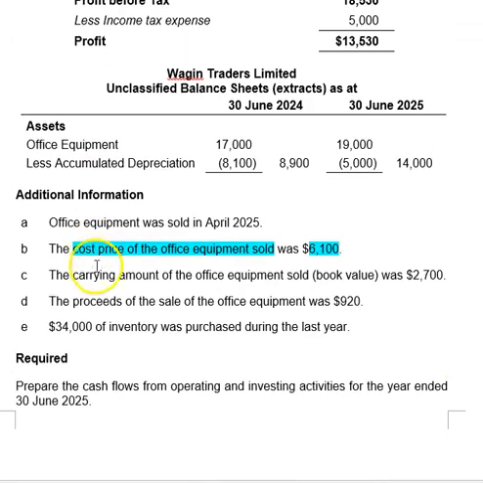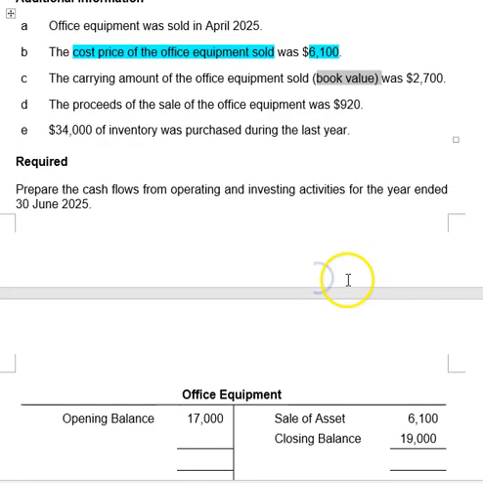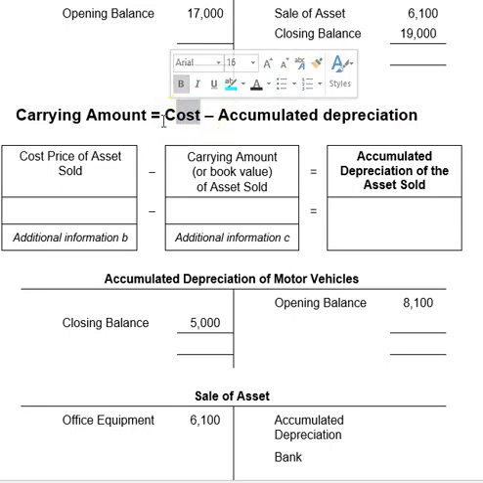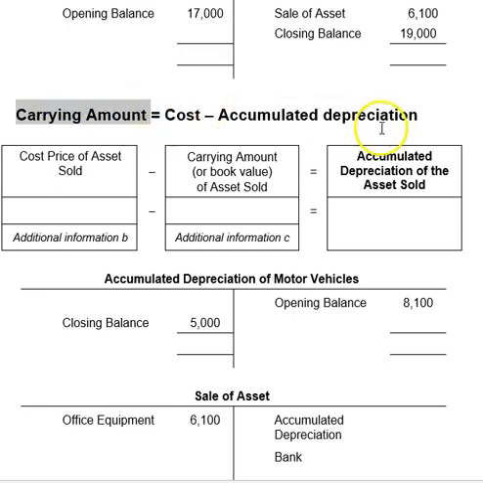The next thing we have in our additional information is carrying amount of the office equipment sold is 2,007. Carrying amount is also known as the book value. So carrying amount equals cost minus accumulated depreciation. We already know the cost and the carrying amount, so we need to find out the accumulated depreciation.